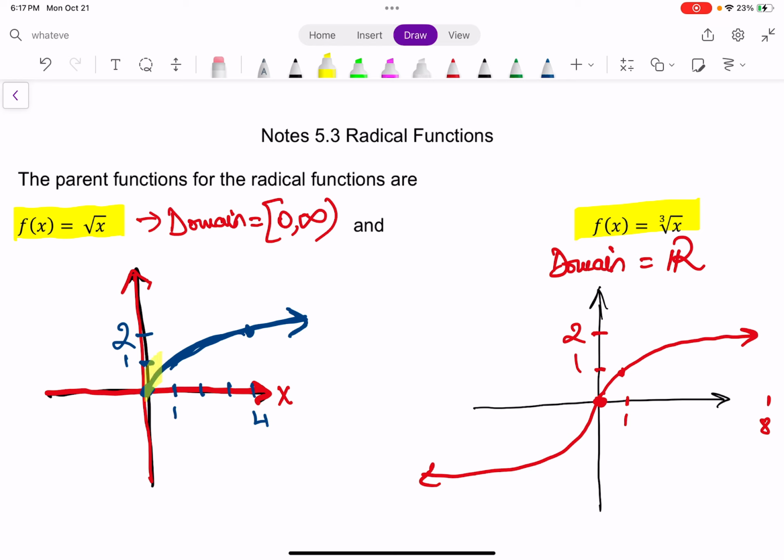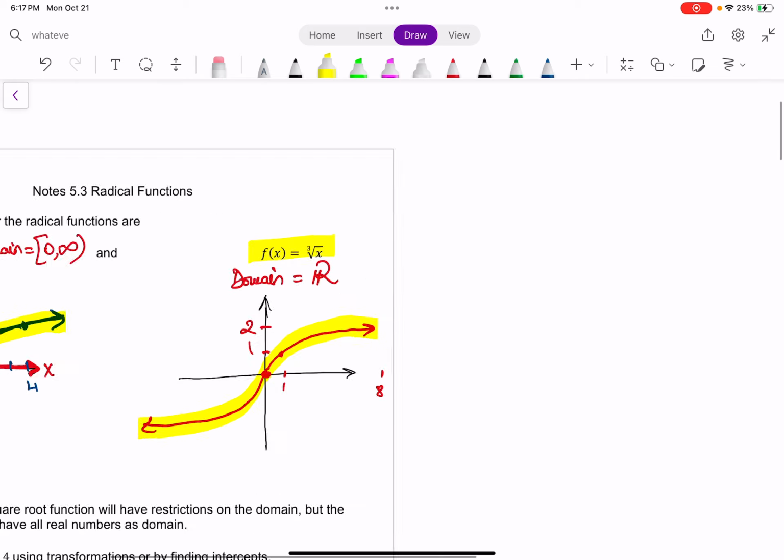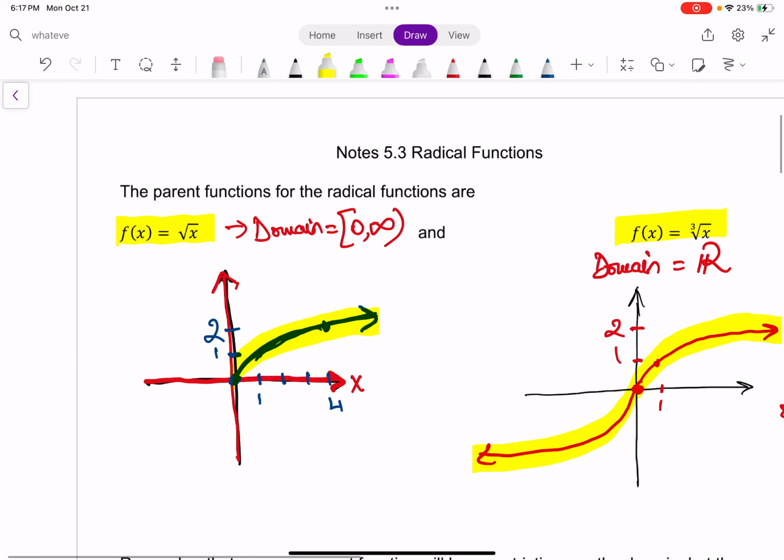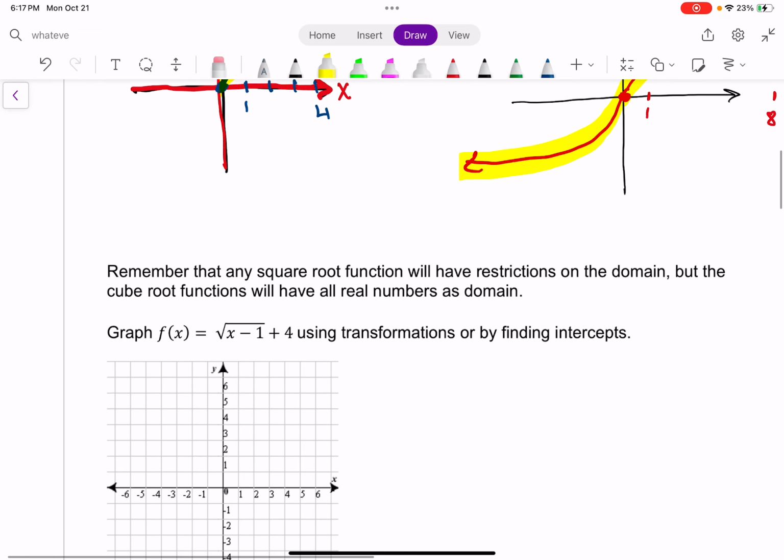Remember that any square root function will have restrictions on the domain, but the cube root functions will have all real numbers as the domain.